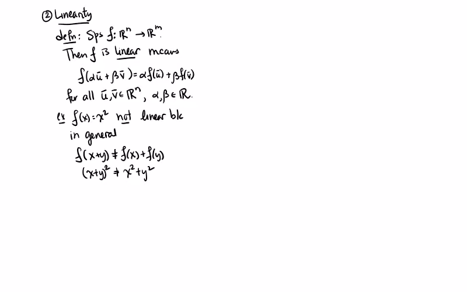Sometimes it is, but to be linear, this has to be true for every single possible x and y. Whereas the function f of x, y, let me write this as a vector, so we're back in home territory, f of (x, y) equals (2x, x plus 3y), this is linear.